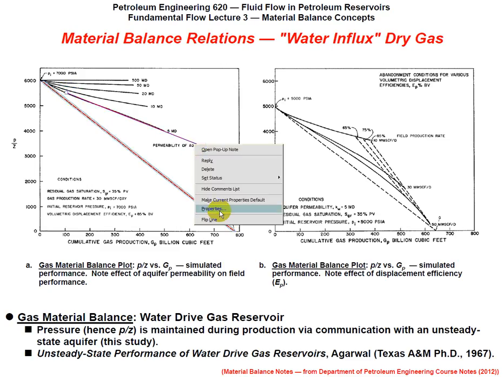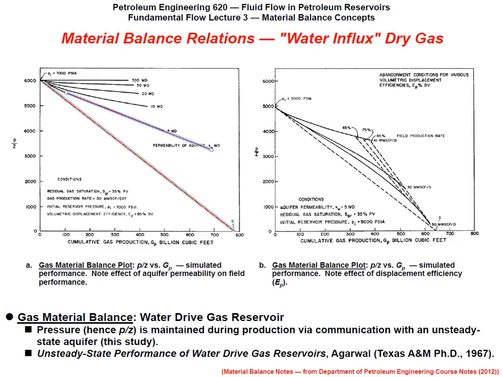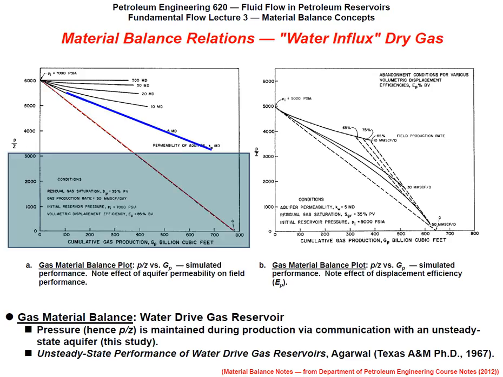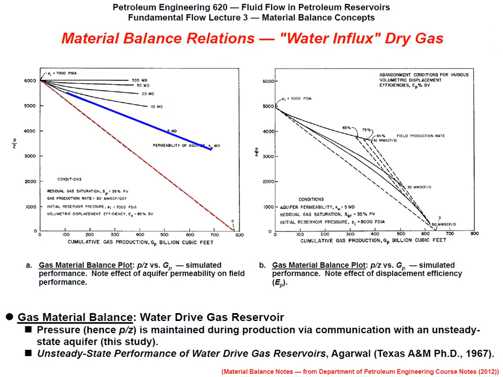And then it looks like you've got a straight line here. And what can you tell is going on here? What is this a function of? The permeability of the aquifer here, the permeability of the aquifer here, permeability of the aquifer here.